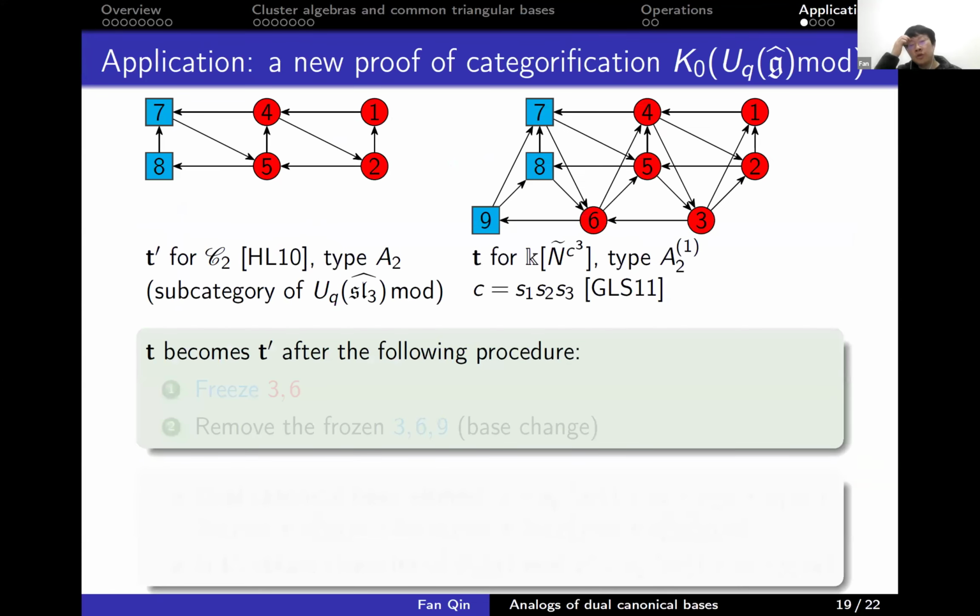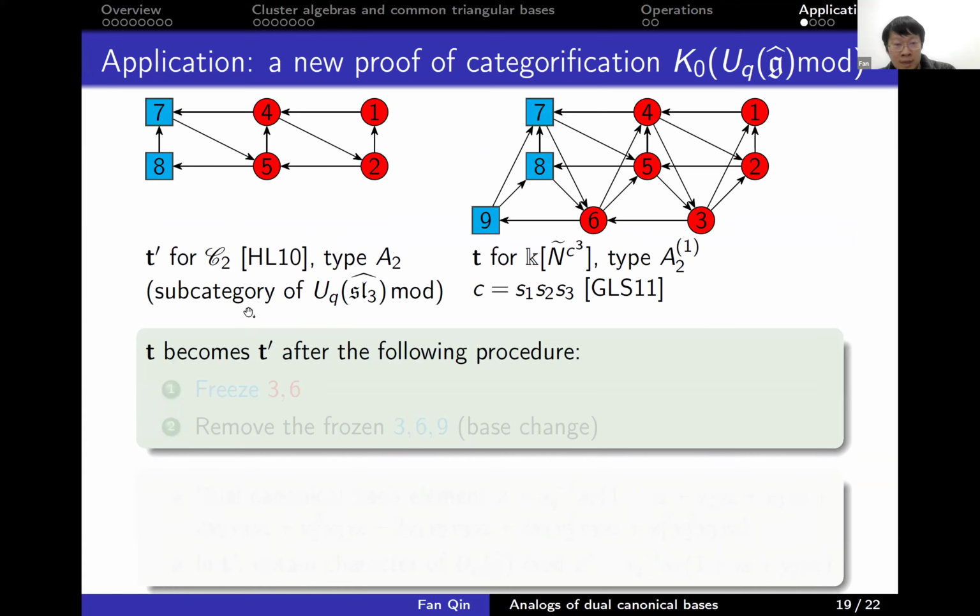So let us talk about applications, which can be more intuitive at the level of pictures. Here we have 2 seeds. The first seed is described by 8 coordinates, x1 to x8, and a quiver. This quiver tells you about the transition rules. Actually, this seed comes from a cluster algebra.